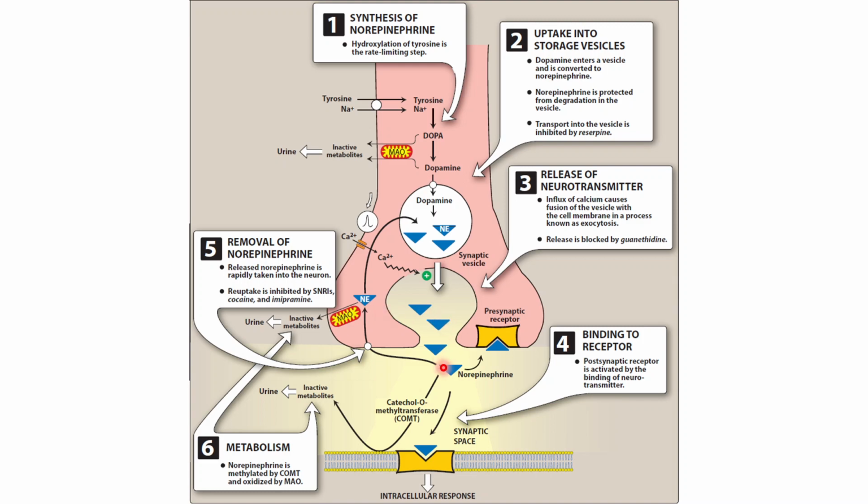Norepinephrine is released to the synaptic cleft, but can be taken up by the neuron, and then used again, stored in the vesicle. So this is the way the norepinephrine is synthesized and also recycled.